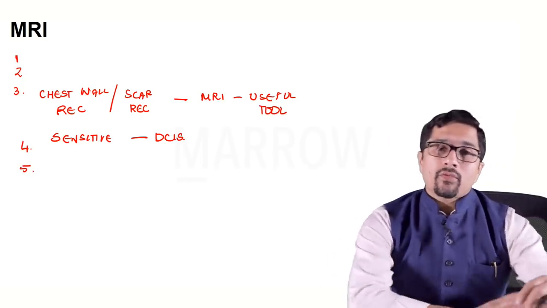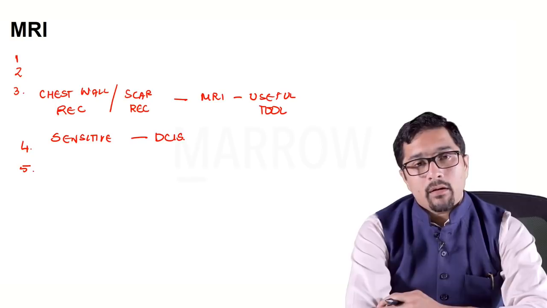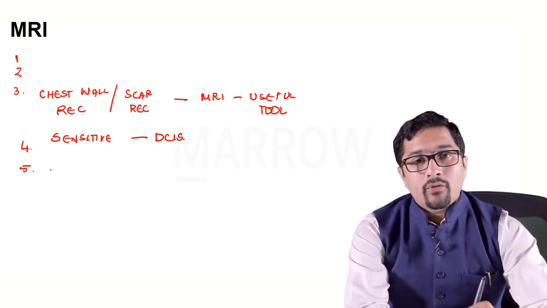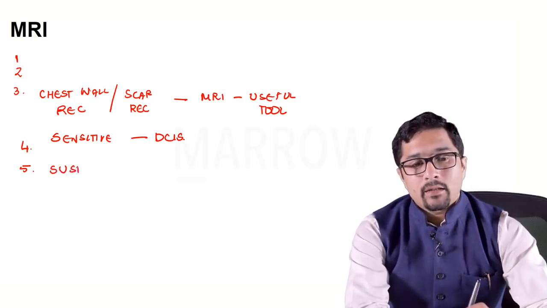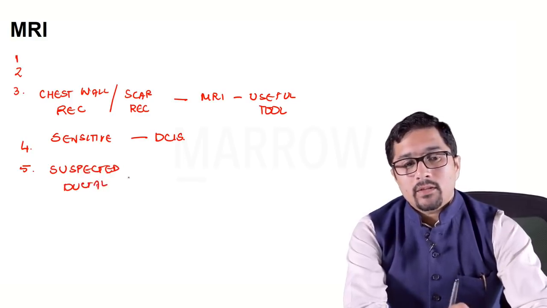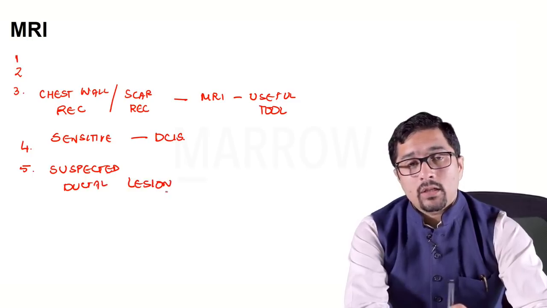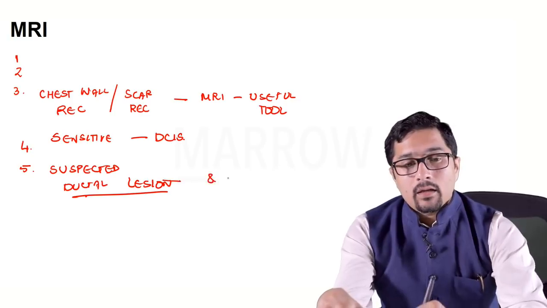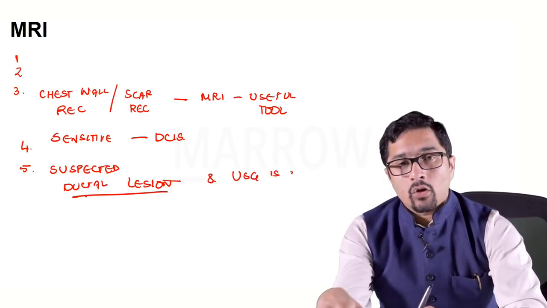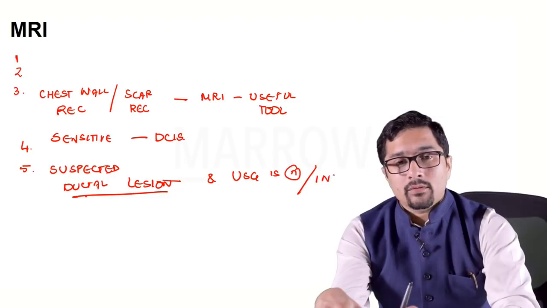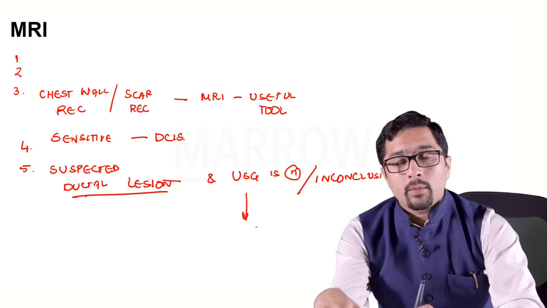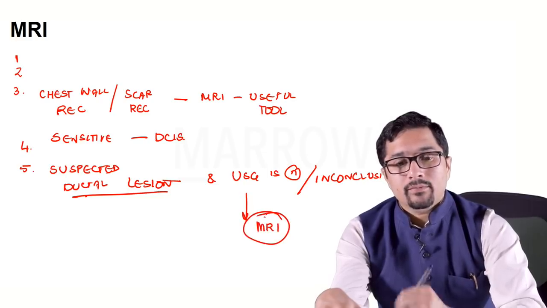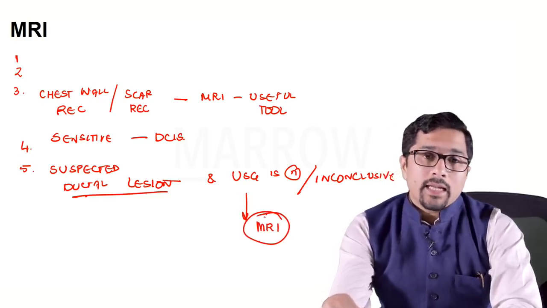The fifth indication for a breast MRI: if you have a patient with a suspected ductal lesion, like a papilloma, and ultrasound is normal or inconclusive, then we will get an MRI done.